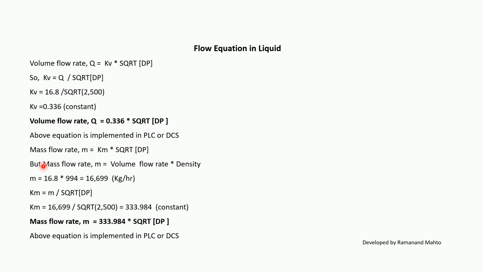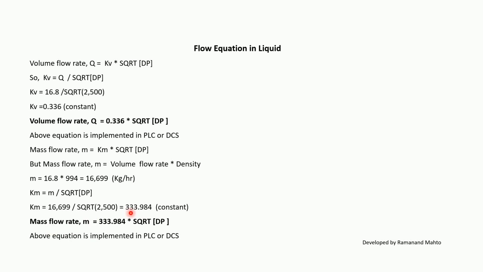Now mass flow rate M is equal to Km into square root of dP, where mass flow rate is equal to volume flow rate into density. So mass M is equal to 16.8 into 994.9, which is equal to 16,699 kg per hour. So Km is equal to M upon square root of dP, which is 16,699 upon square root of 2500, equal to 333.984, constant.